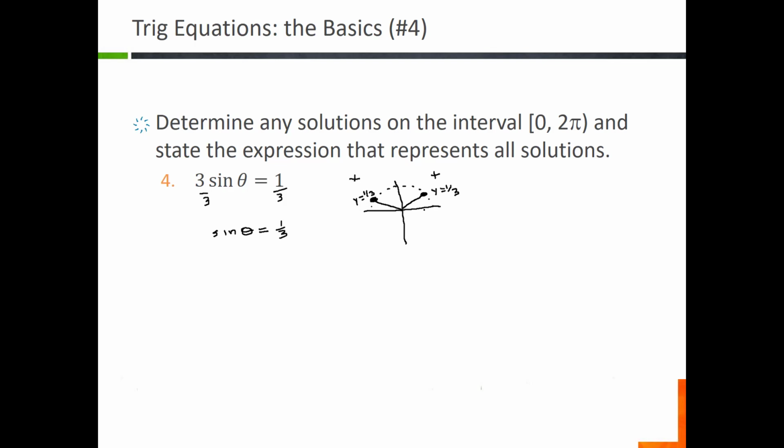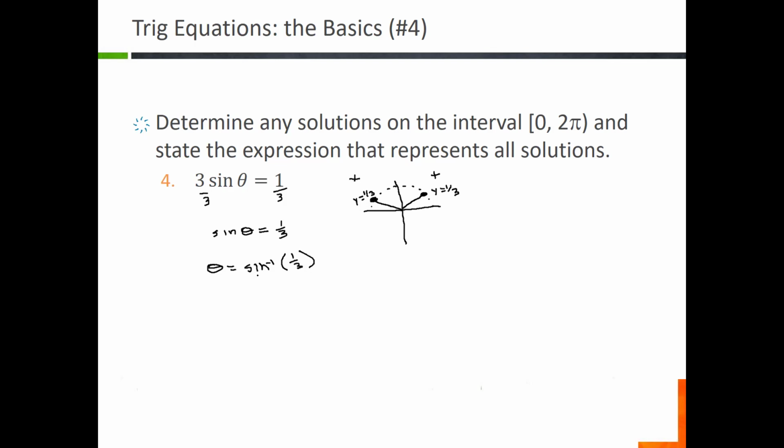Okay, so how do we find that angle? Well, we looked at a method to do this a couple weeks ago. If we're trying to find the angle and it's not a unit circle value, we can use inverse sine. So we could solve for θ by computing the inverse sine of 1/3.